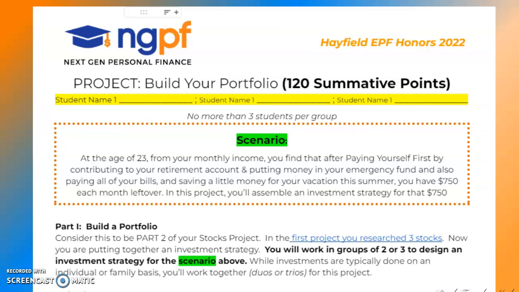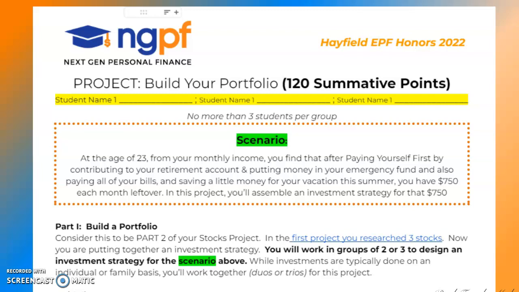But also, you've already paid all your bills, you saved a little money for maybe a wonderful summer vacation or maybe a spring break, and you have $750 left over each month. So in this project, you will assemble an investment strategy for that $750.